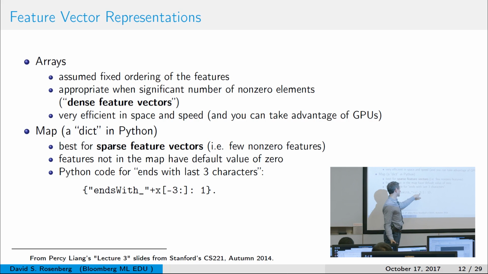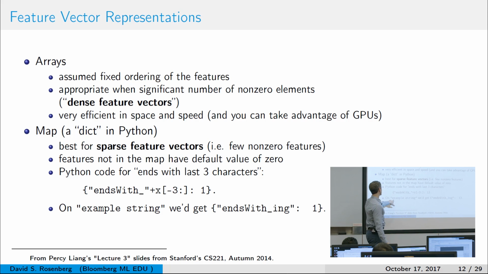It extracts the last 3 characters of your string x and concatenates them together. That becomes the key in your dictionary, and the value of that feature is 1. So an example string with this feature encoding would produce a key of ends_with_ing, because indeed the string ends with ing, and the feature value would be 1.